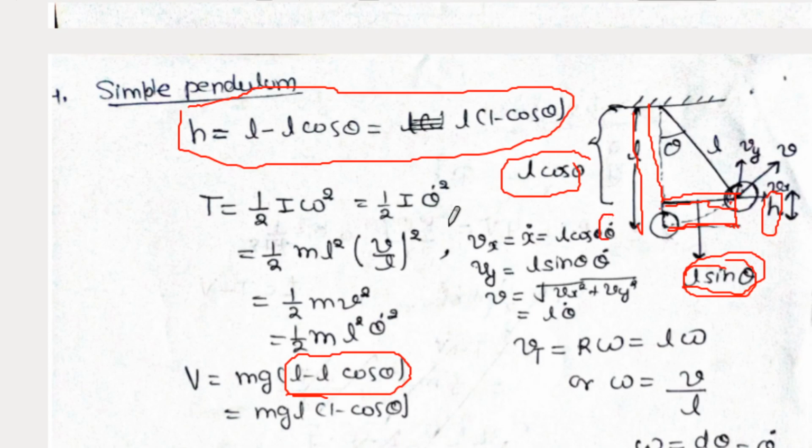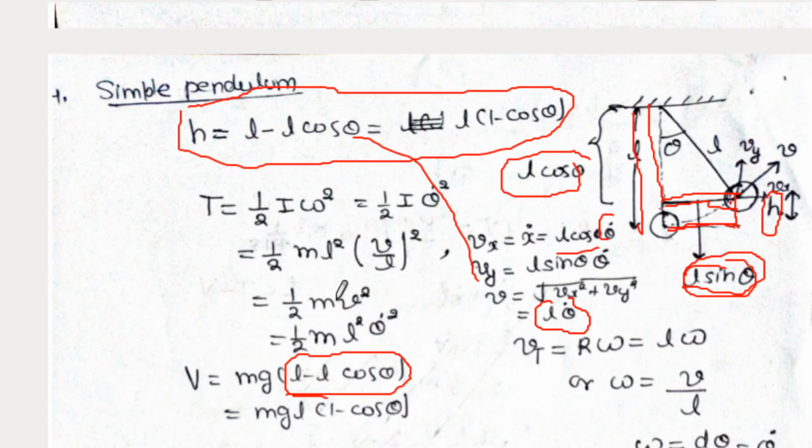And similarly, when we take the derivative of this h with respect to t, we will get L sin theta theta dot. So the resultant velocity will be root over vx square plus vy square, and when we put these two values, you will get L theta dot, right? Because sin square theta plus cos square theta will be 1. So this is our velocity.